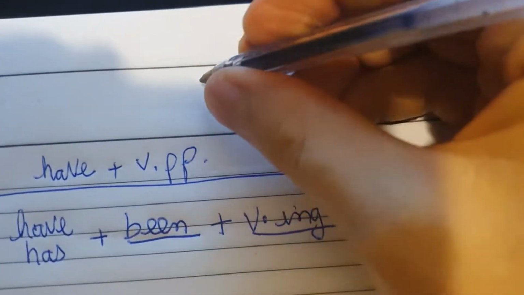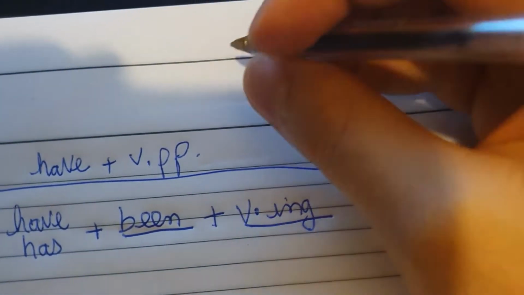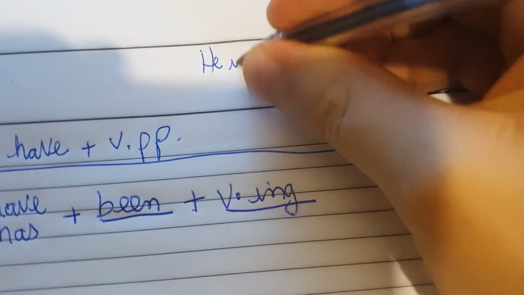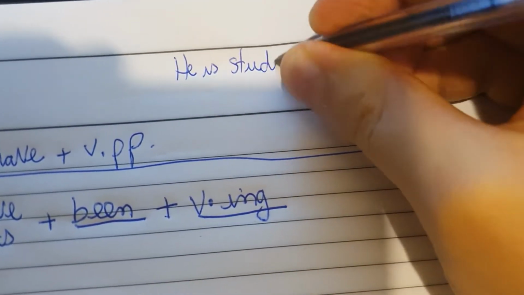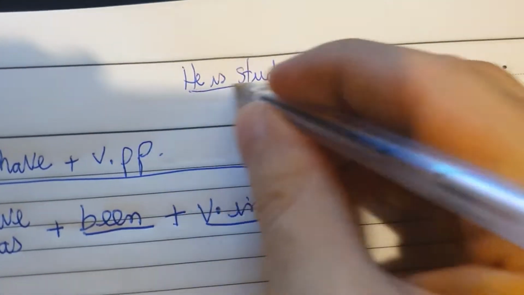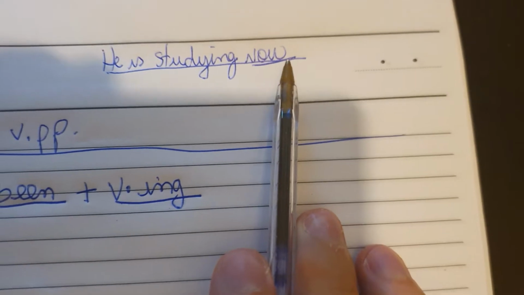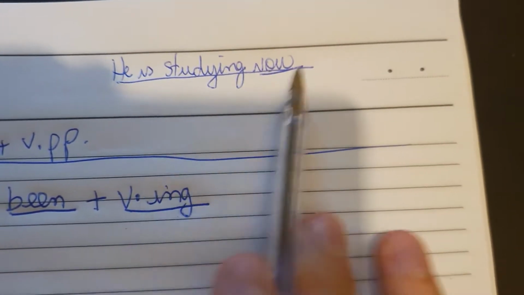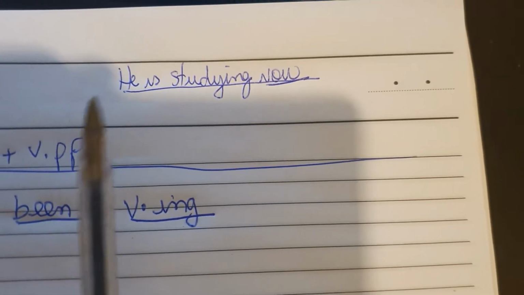Just a quick review, what is the present continuous? For example, he is studying now. It's an action that is happening at the moment of speaking. Not necessarily, but in general, we may say so.